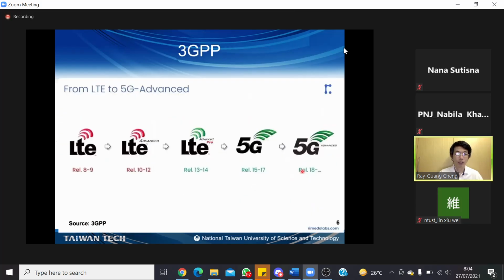So from LTE to 5G Advanced, actually they are different releases. Different release means different version of the network standard. LTE is for release 8 to 9.